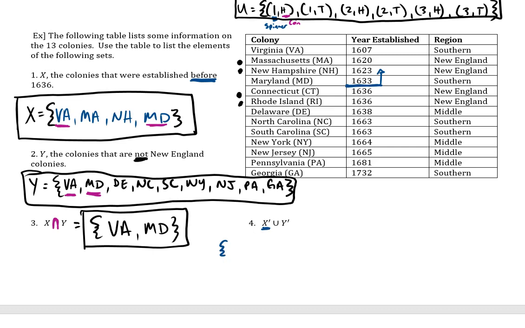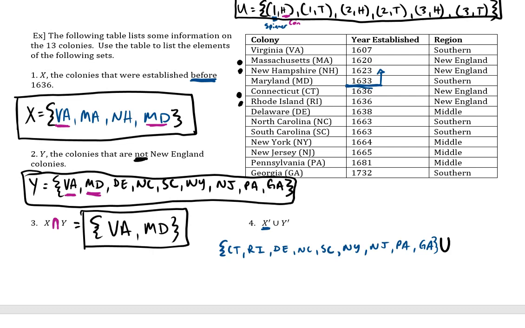I'm going to put it over here because I might run out of room. I'm listing all of the ones below my blue line that I wrote. So Connecticut, then Rhode Island, then Delaware, then North Carolina, South Carolina, New York, New Jersey, Pennsylvania, and Georgia.